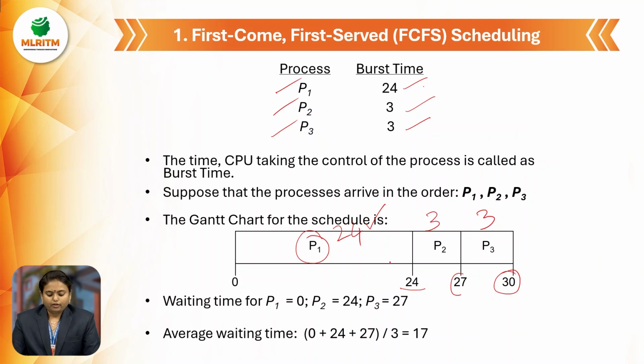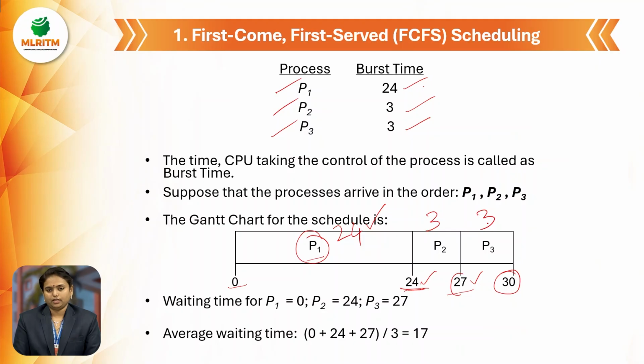So the waiting time of P1 is 0, P2 is 24, P3 is 27. Then what is the average waiting time? 0 plus 24 plus 27.